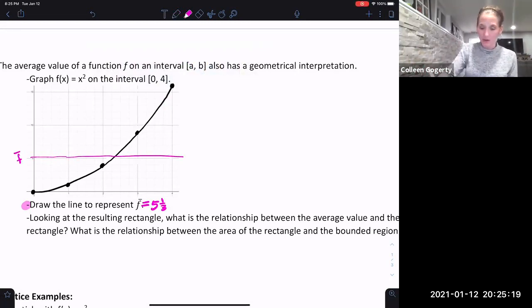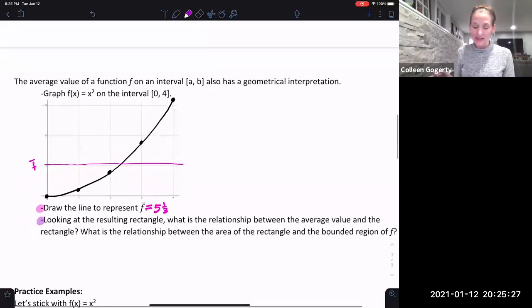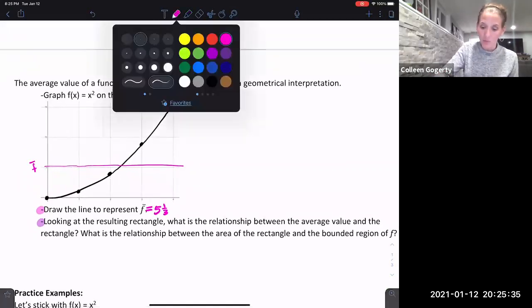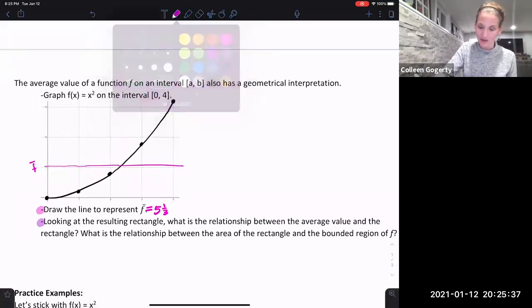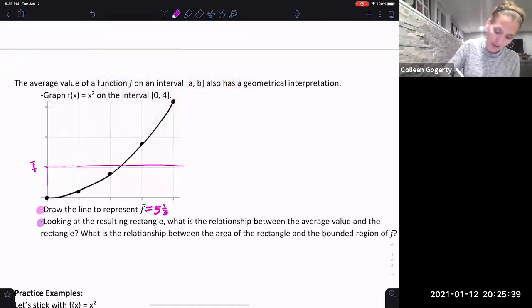Now in the next question, we're being asked to look at the resulting rectangle, and what we mean by this is the rectangle that is formed by the average value of f and the boundaries of 0 to 4. If we take a close look, I want you to look at this rectangle.